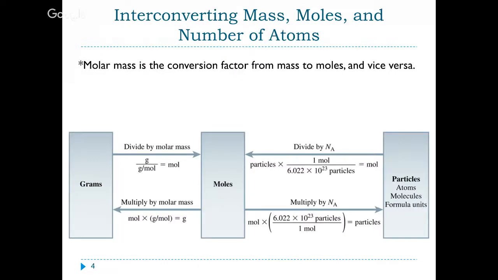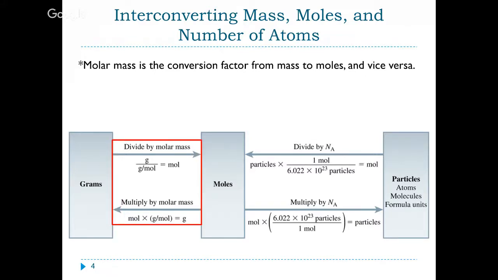So when we want to do some conversions, molar mass is what we need if we're going to interconvert between mass and moles. So mass to moles or moles to mass, we have to have a molar mass, which makes sense because it says moles and mass in the conversion.